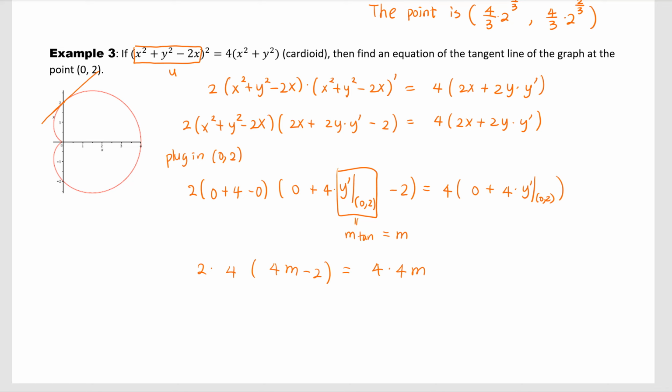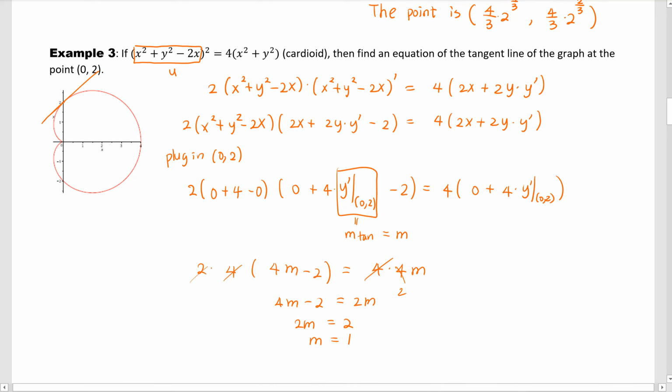Then this is gone. Divide by 4, this is gone, divide by 8, this is gone. Here you only have 2 left. So 4m minus 2 equals 2m. Subtract 2m from both sides, so we get 2m, then add 2 to both sides. So m equals 1. So far, so good, everybody?